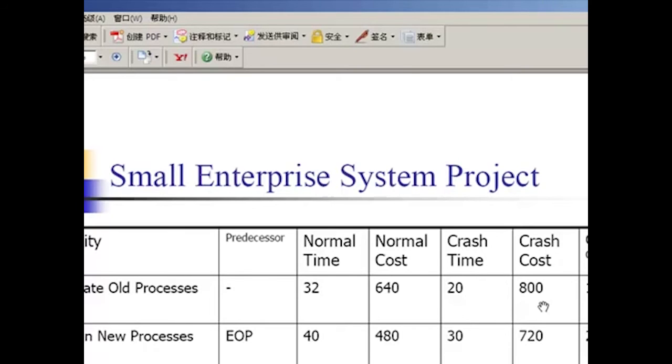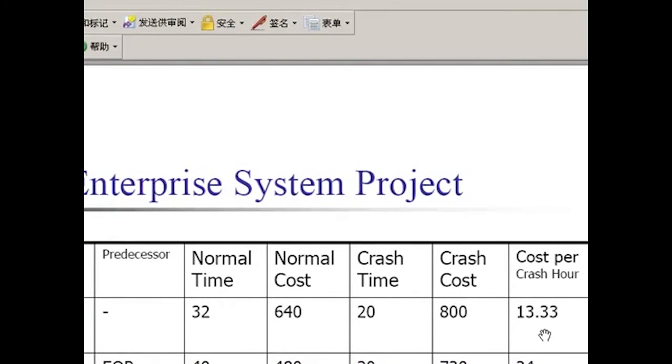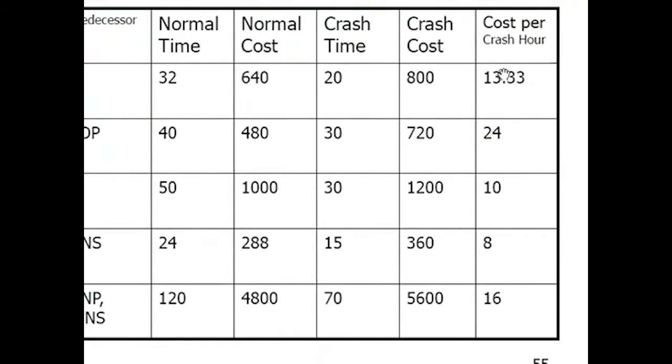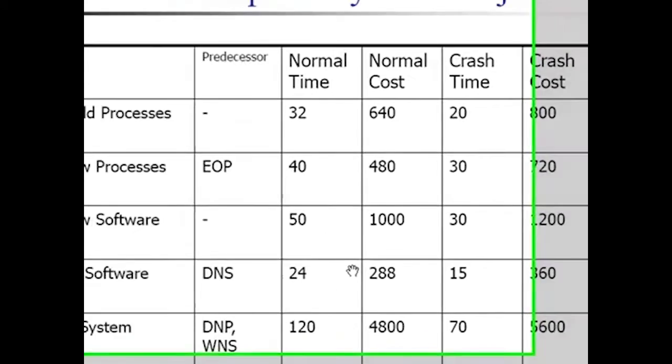So it will cost us $160 more if we shorten the duration of this activity by 12 days. I'm sorry, here it's not measured in days, it's measured in hours. For each hour shortened for this activity, we must pay $13.33. So for each activity we can calculate this cost per crashing hour.